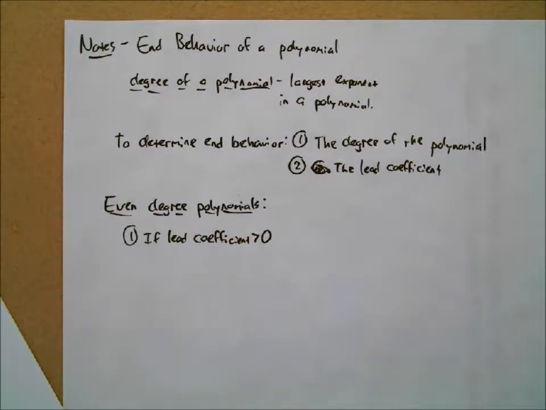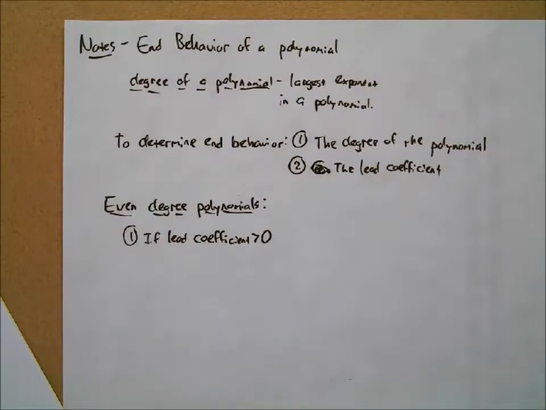Well, if we're talking about even degree polynomials, this counts our quadratics, right? So quadratics count in even degree polynomials. Alrighty. And so what happens to our ends with a positive lead coefficient? How does our quadratic behave? If we have a positive lead coefficient, both go up. Exactly right. They both go up.